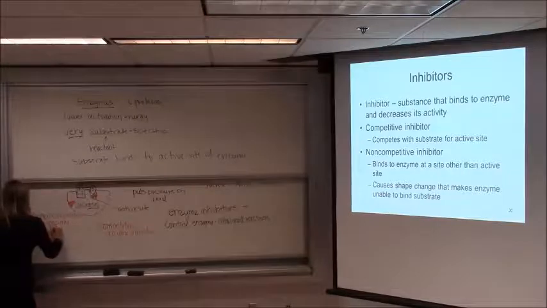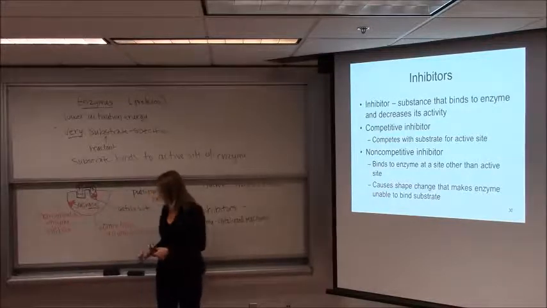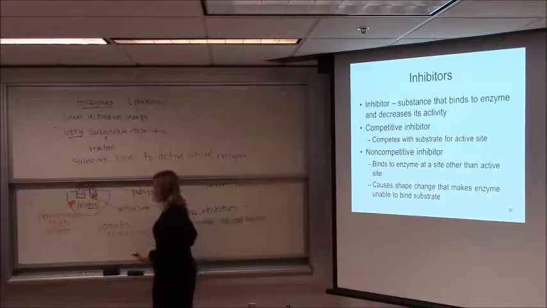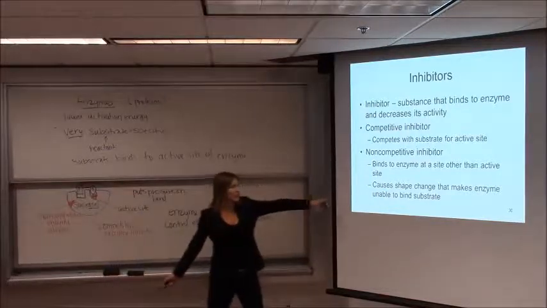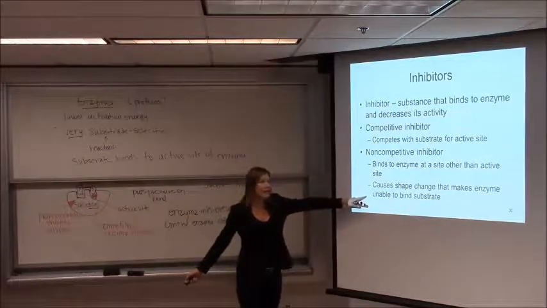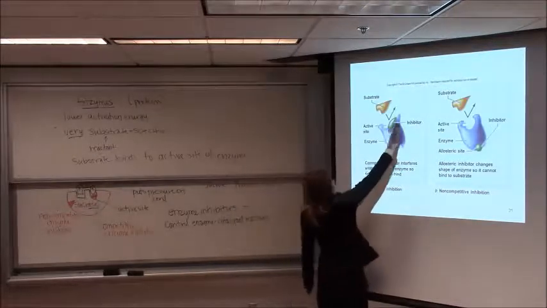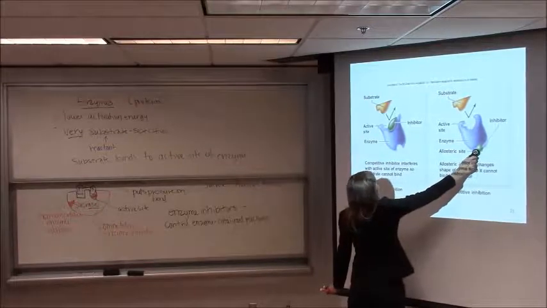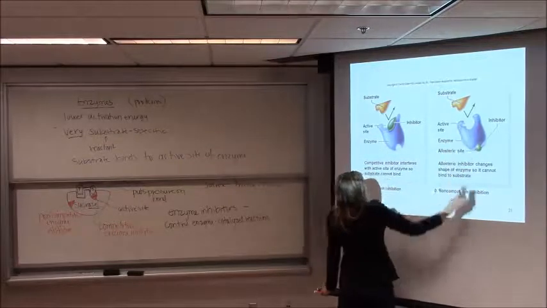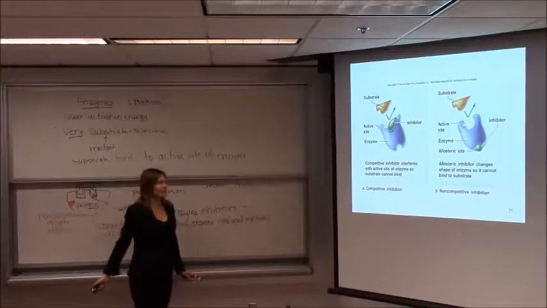Again, it binds somewhere else on the enzyme, but it changes the shape of the active site by binding. So it causes shape change that makes the enzyme unable to bind the substrate. Okay, so this would be a competitive inhibitor right there in the active site. This would be non-competitive, and you can see when that's bound, it's going to change the shape just enough that that substrate can't bind to the active site.